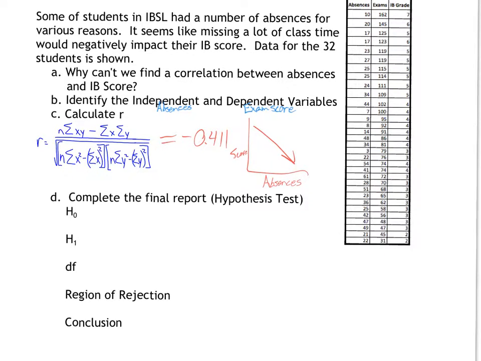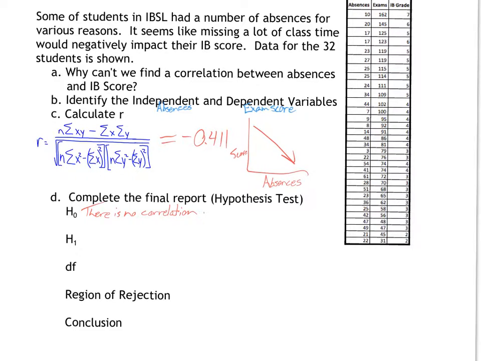First of all, what is our H sub naught? If you miss days, there is no correlation. There we go. There is no correlation. How do we know that? It's H sub naught, we're always assuming no correlation.